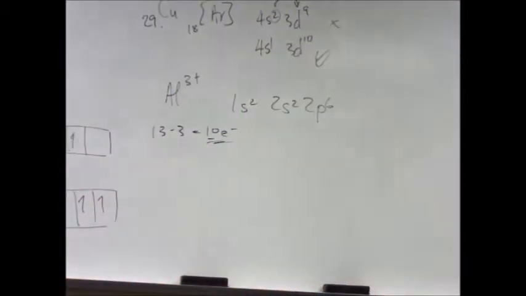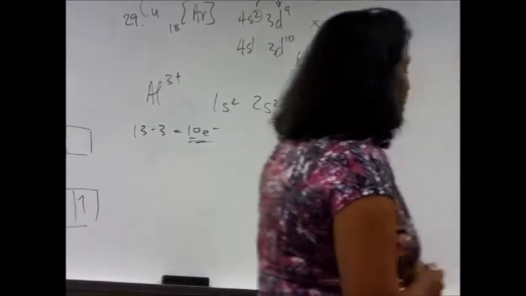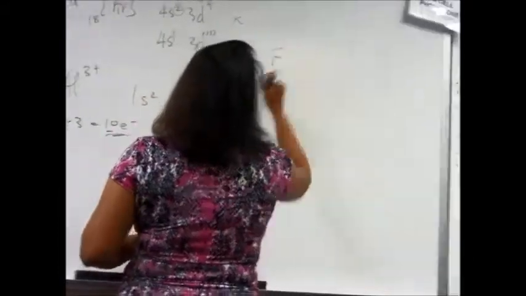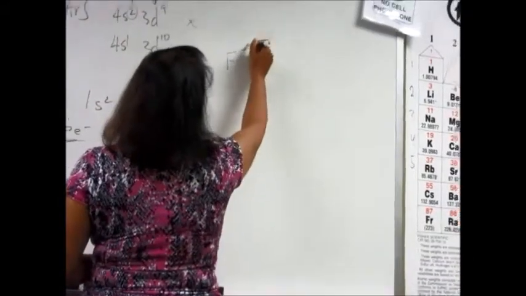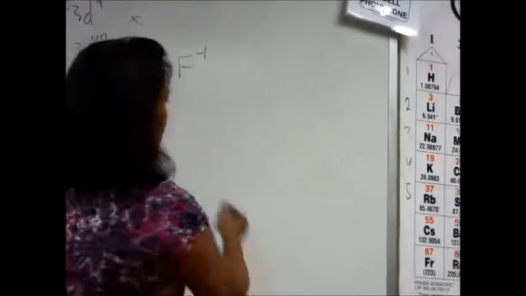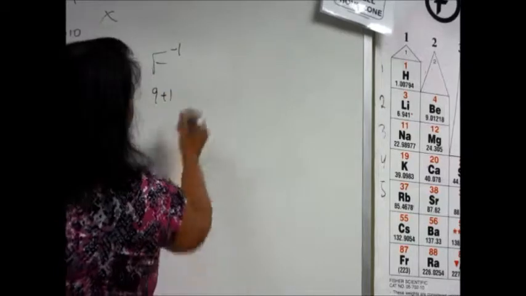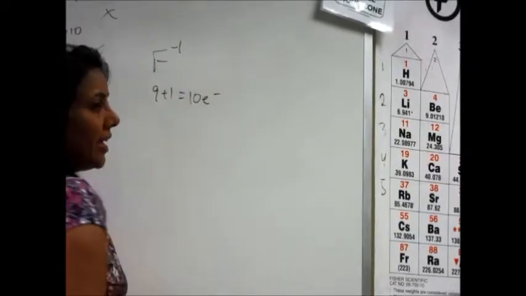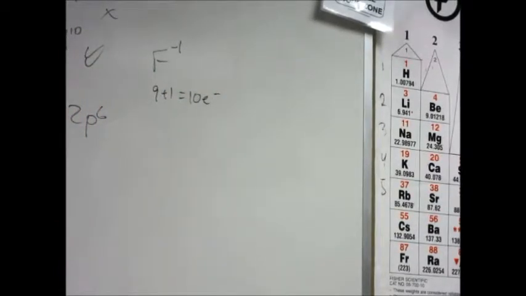Now for the anions, let's say you have fluorine. Fluorine accepts 1 electron because it is -1. So again with fluorine what happens? It's 9 plus 1 electron, so that means you're filling out again for 10 electrons. Where does that extra electron go now? In the last shell, because that's the only place where there is space for it.